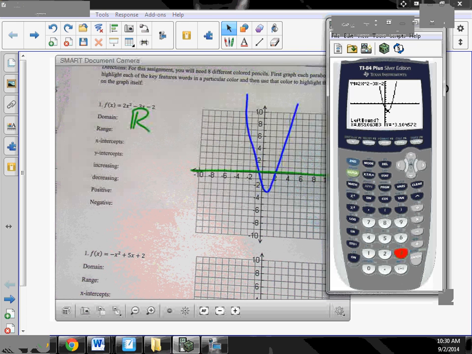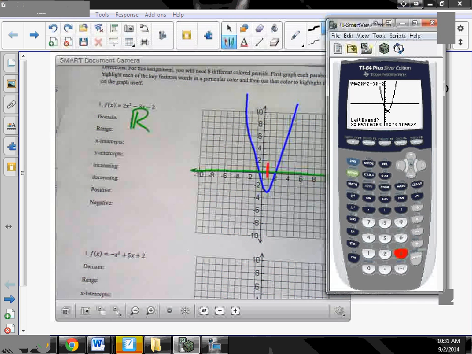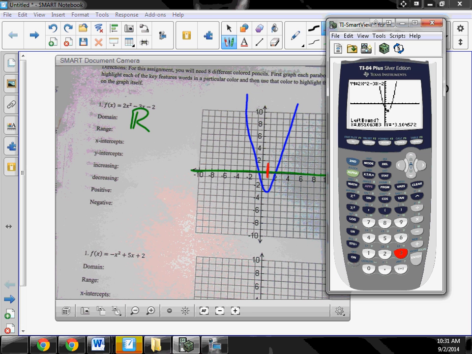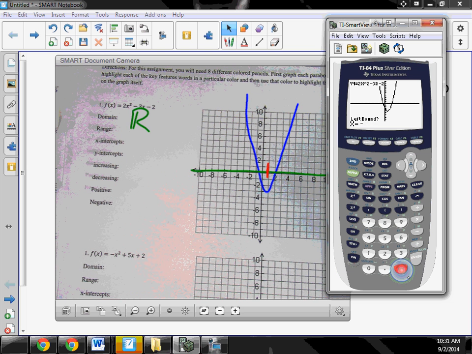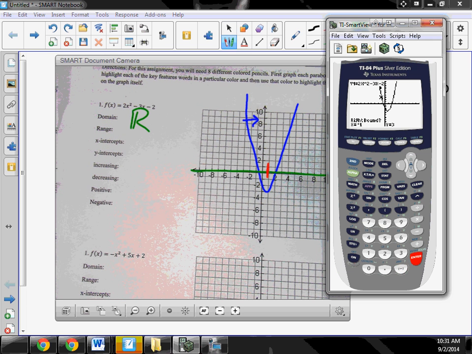So, my minimum looks like it's right here. I need to pick some number to the left and some number to the right. So a number to the left might be -1. So I'm going to type in -1, enter. And then it puts a little arrow. It's kind of hard to see, but there's a little arrow up here pointing to the right.